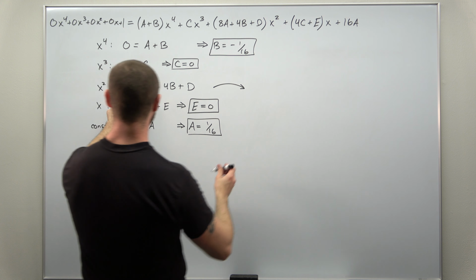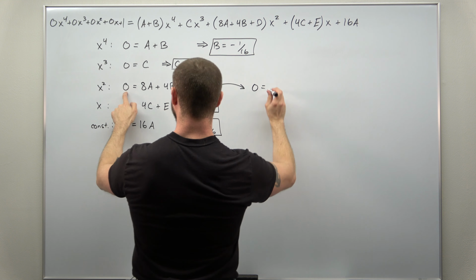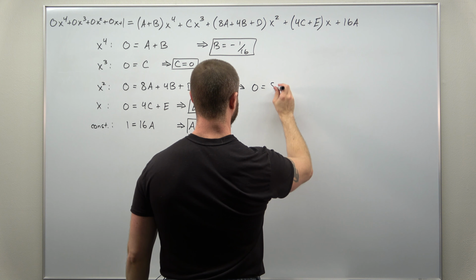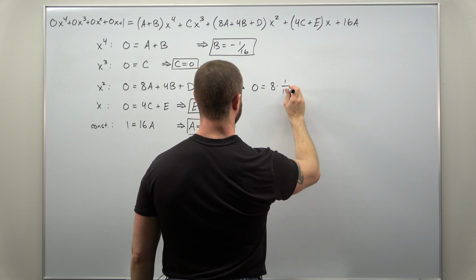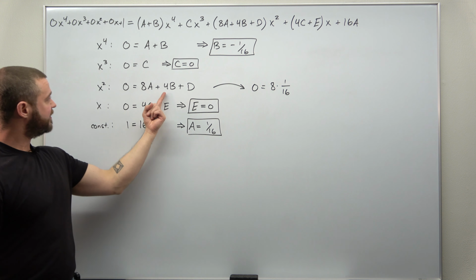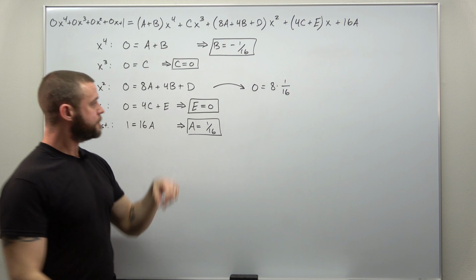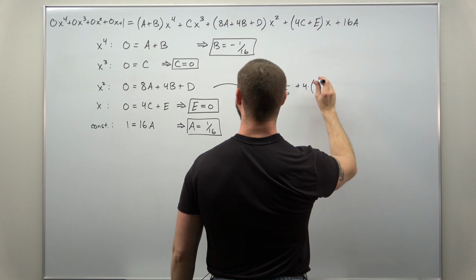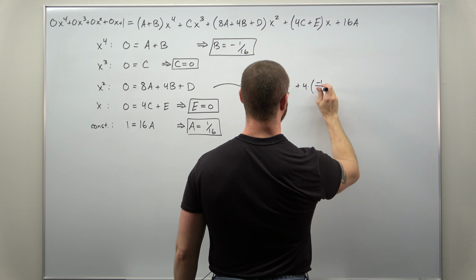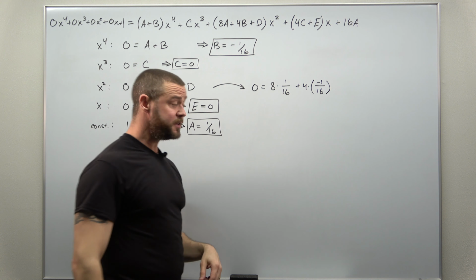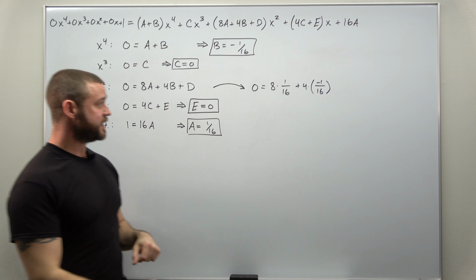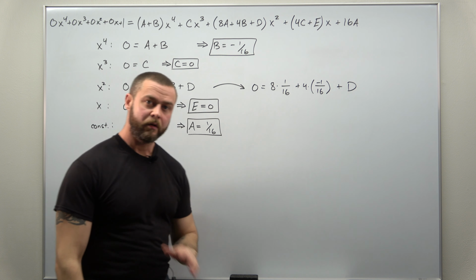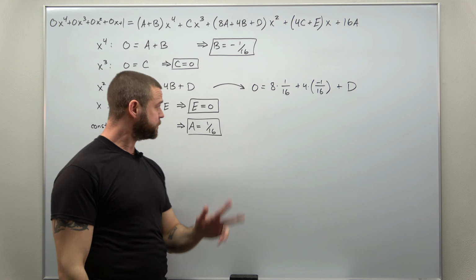And we'll get a very simple equation for d. The equation that we get is 0 equals 8 times a, where a is 1/16, plus 4 times negative 1/16, and then plus d. All right, looks like we can reduce these fractions pretty quickly.